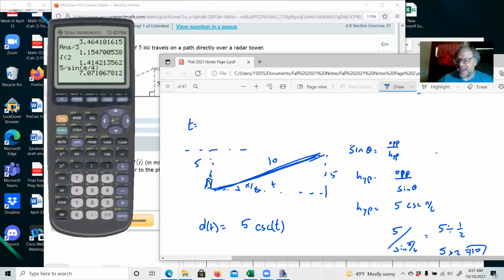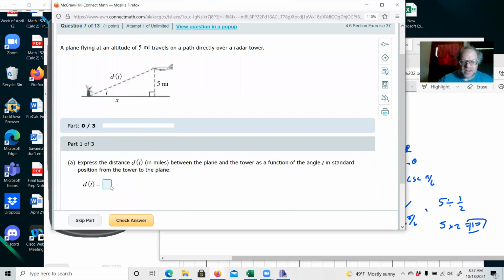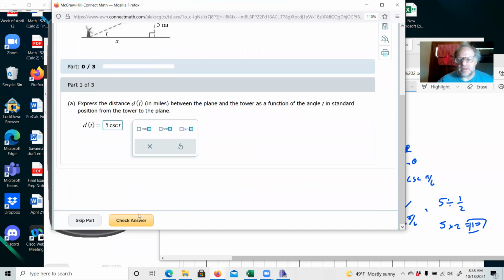I think every time we do this problem, we're going to be setting up the same thing. So this is my function: d equals 5 cosecant of t. And we'll check.